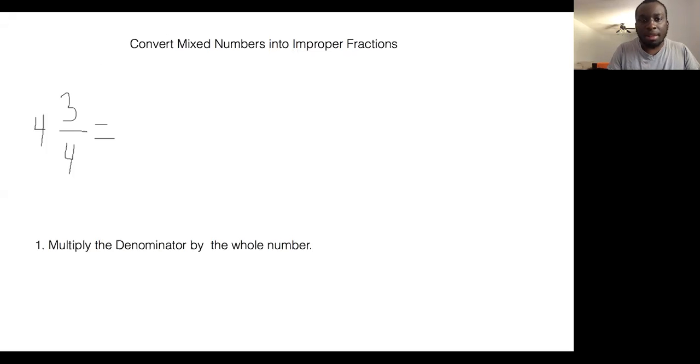So let me go back. I'm going to label my parts so you all can see. This right here is my denominator. Remember, my denominator tells me my total. This right here is my numerator. My numerator tells me the number of parts I'm looking at. It tells me the section or the number of parts I'm looking at.